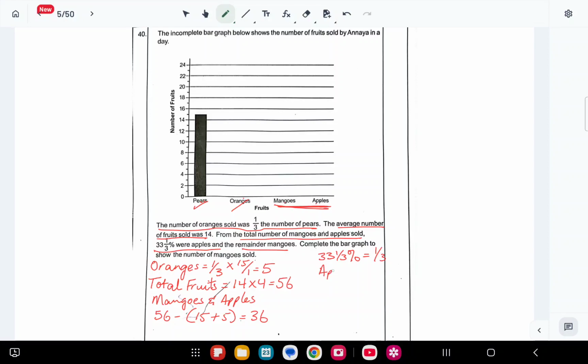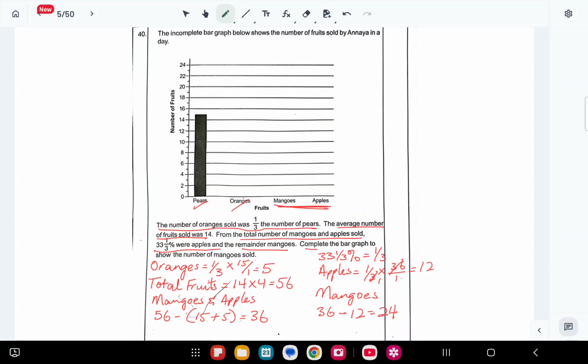So apples would be 1/3 of 36, which is equal to 12. They said the remainder were mangoes. So let's calculate mangoes now. From the total, which we found out to be 36, we take out the apples, which is 12. We'll end up with 24. So 24 mangoes were sold.